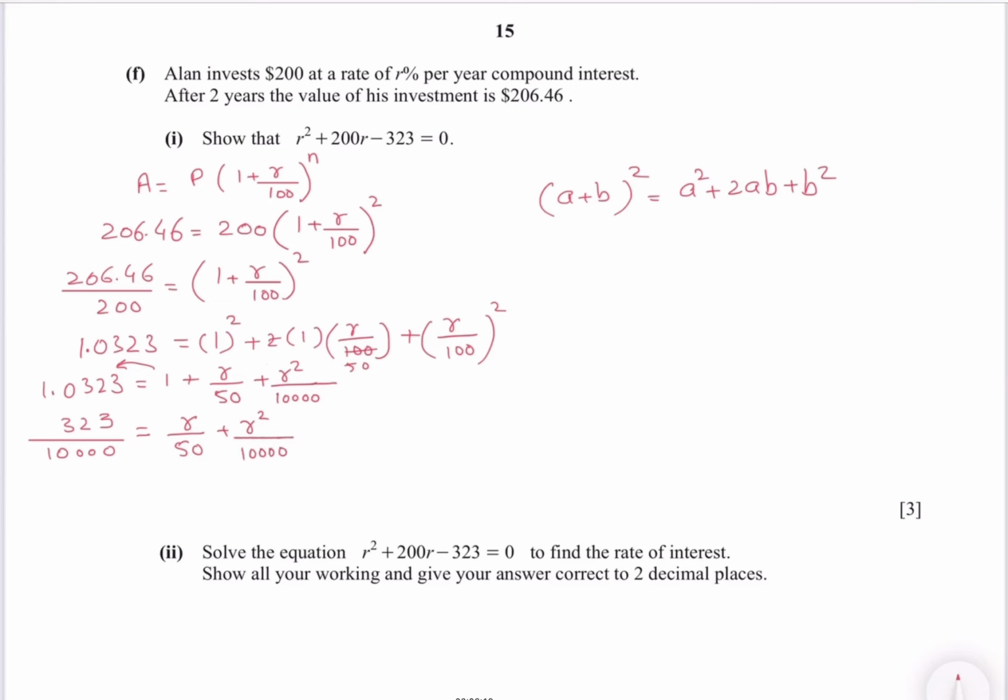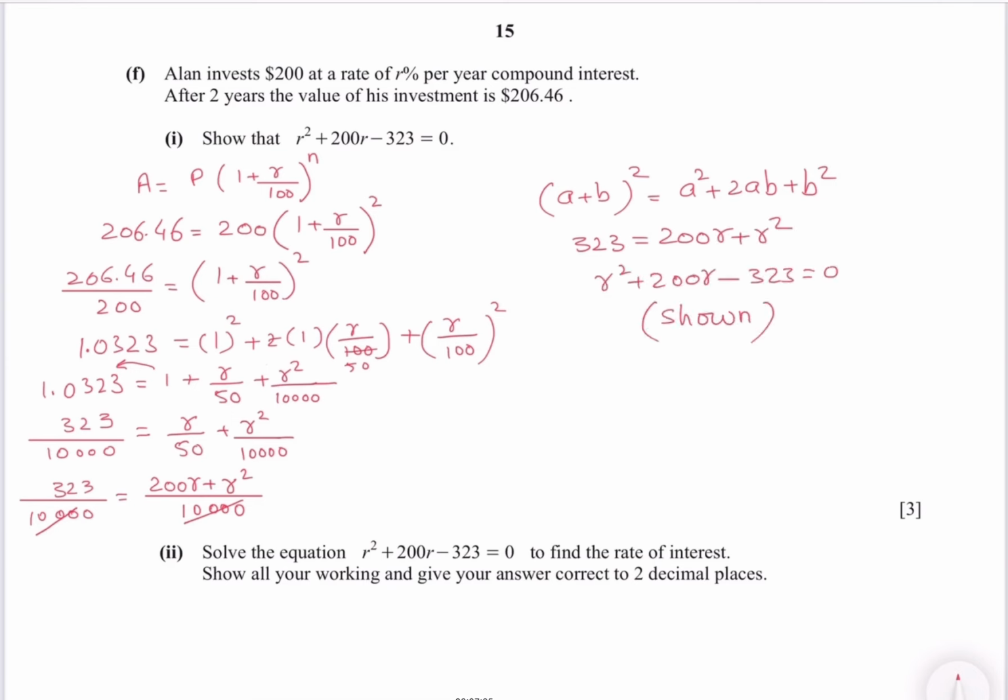So take the LCM 10,000. So your 200R plus R squared, the 10,000 in the denominators will be cancelled. So you got the result 323 equals 200R plus R squared, and actually you have shown this.